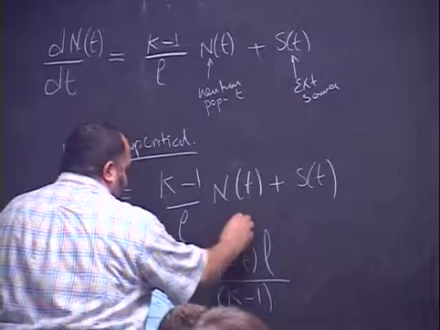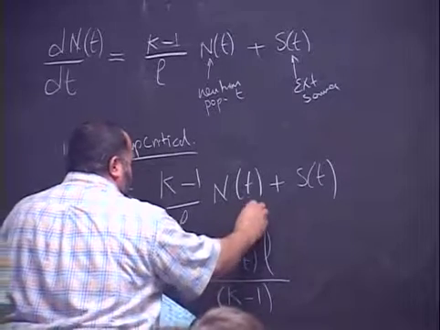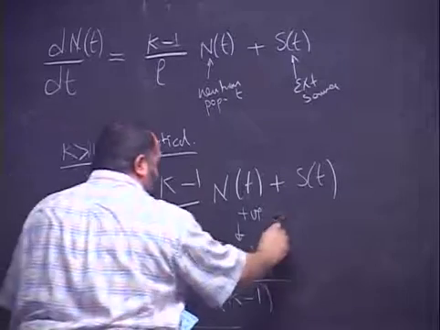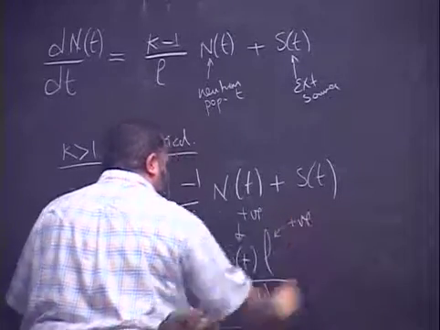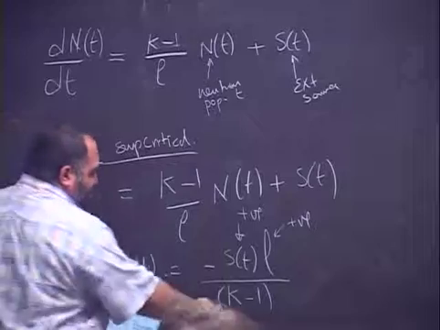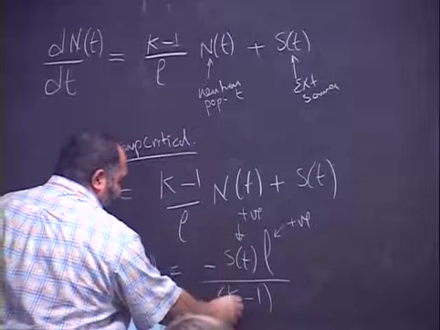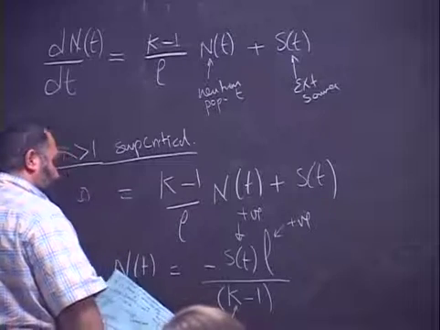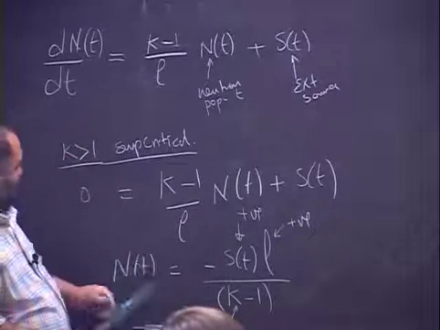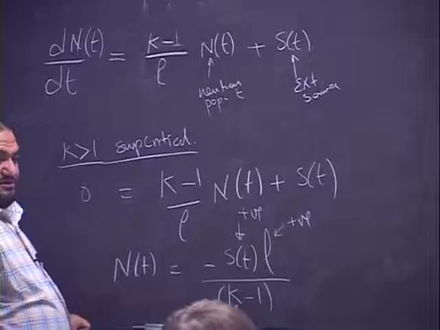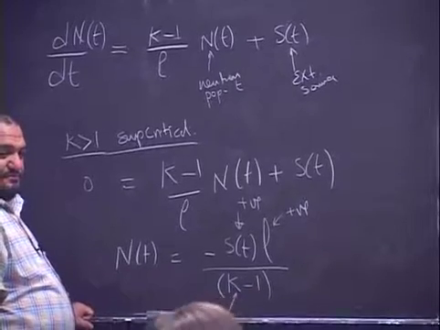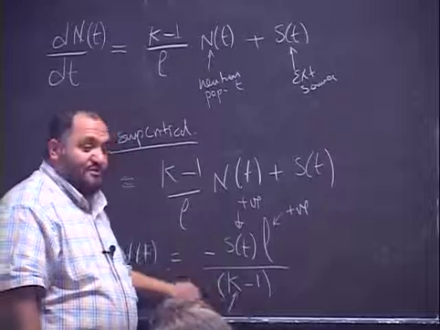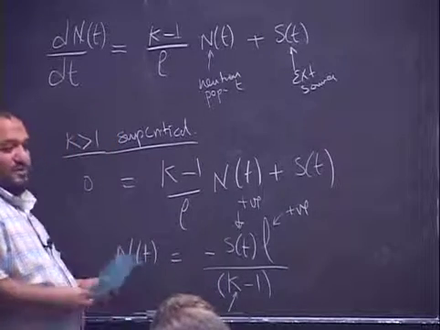The source that you put in the reactor is always a positive quantity. The lifetime is always a positive quantity. If the multiplication factor is greater than 1, then k minus 1 is also positive. So in this case, n of t will be negative.